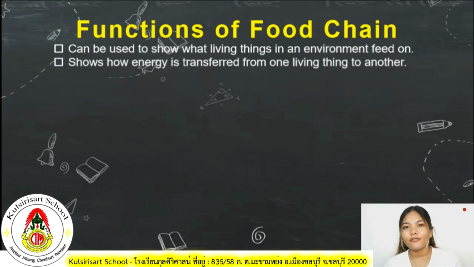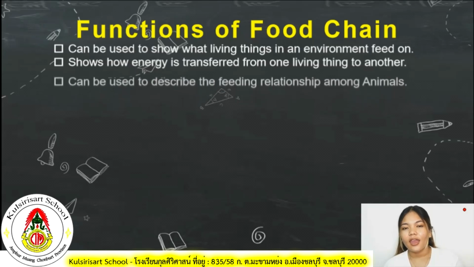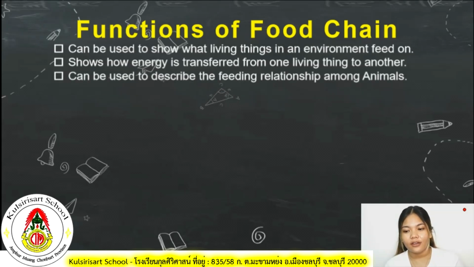Now, the second function of a food chain is that it shows how energy is transferred from one living thing to another. And the last function of a food chain is that it can be used to describe the feeding relationship among animals, which is basically just the same with the first one.